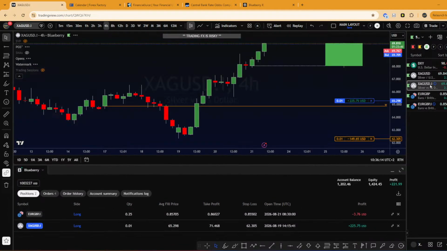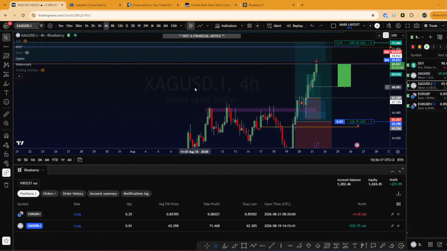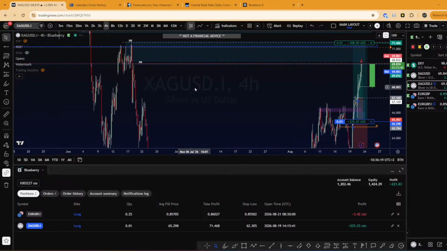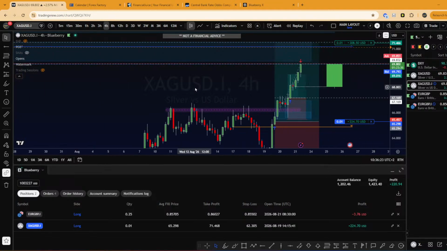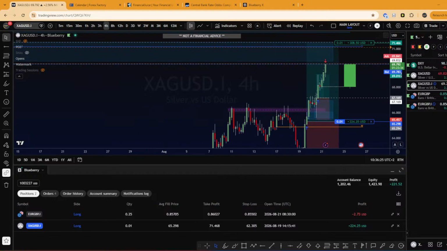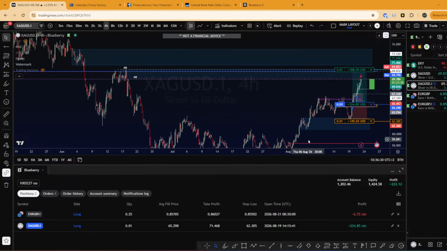Let's see silver. Silver is rocking right now. This is crazy. Maybe I will close. Yeah, I already have a good amount of profit.